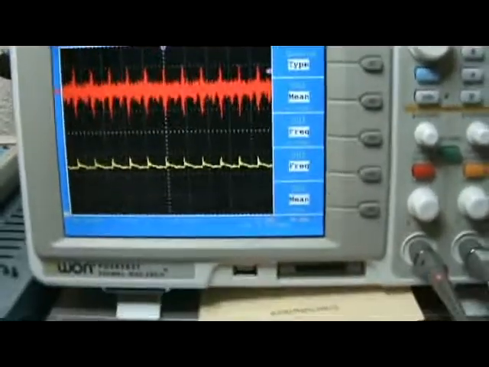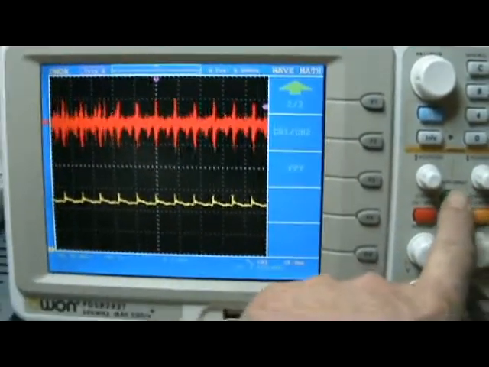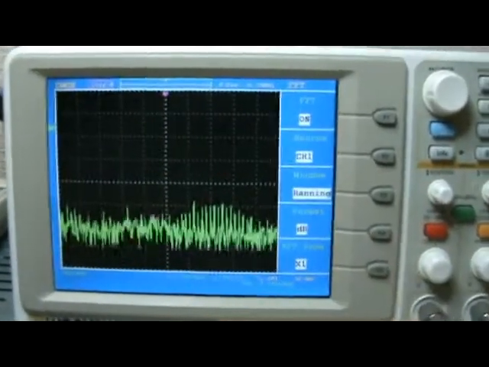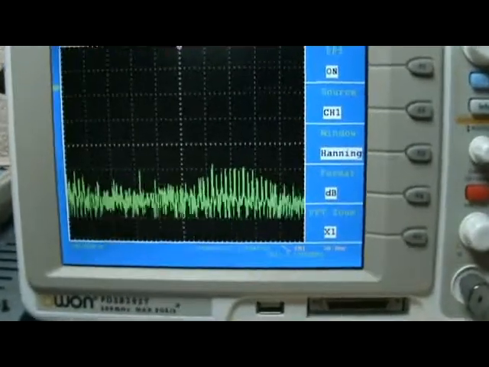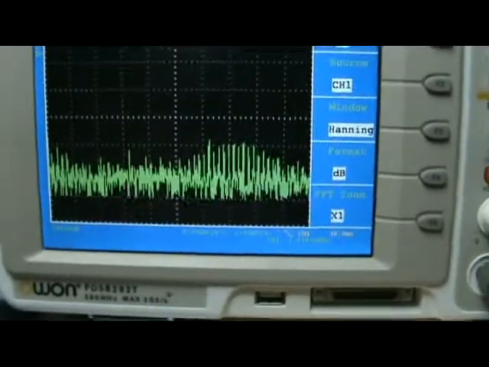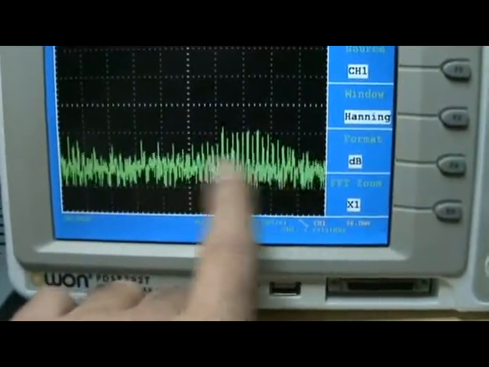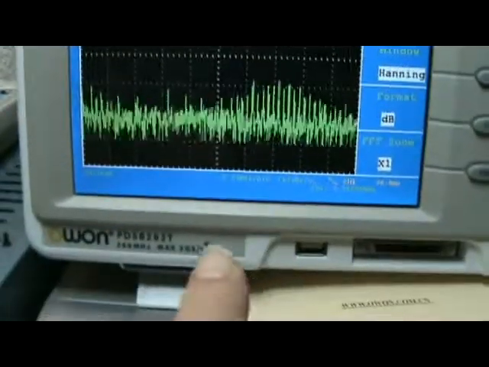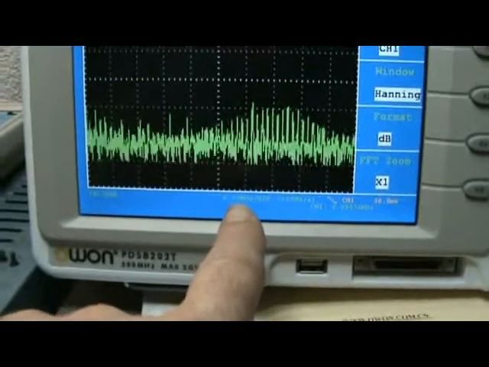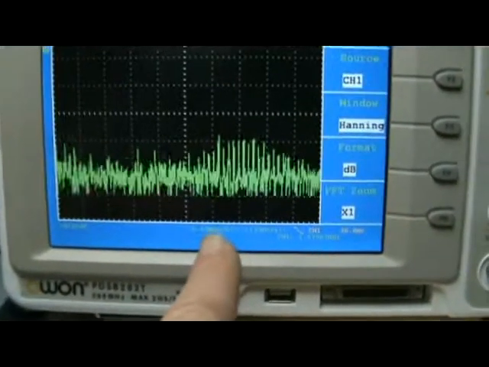Another thing I noticed: when I put my scope to FFT, I'm still on channel 1, on the resistor, I have a lot of noise or signals here, at 6.5 meg per division.